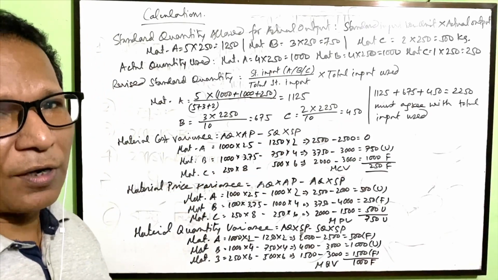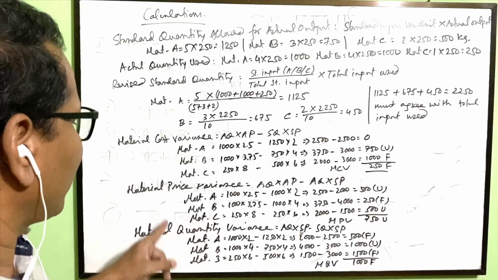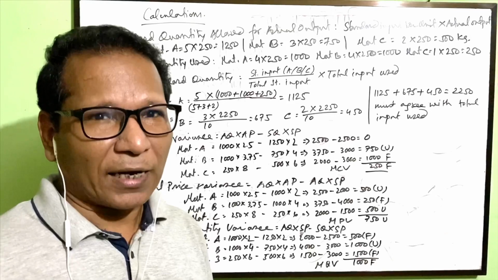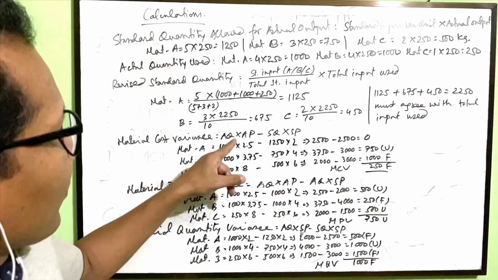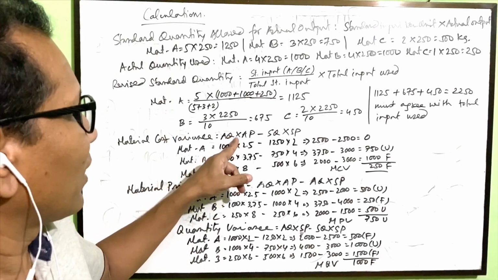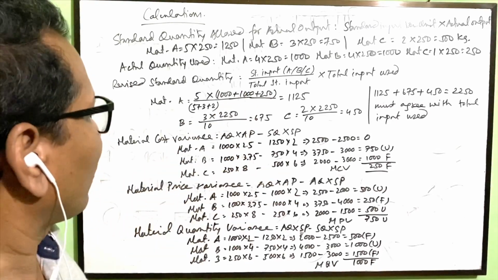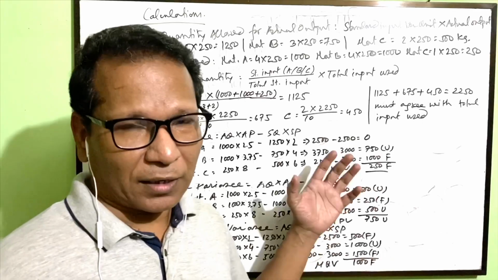Then we will calculate material cost variance, material price variance and material quantity variance. The formulas are the same as we did earlier in the first problem. Just write down the formula and put down the figures. All the figures here are available.